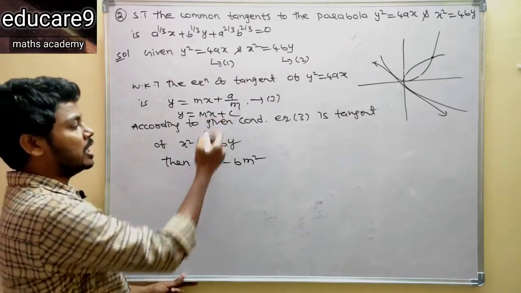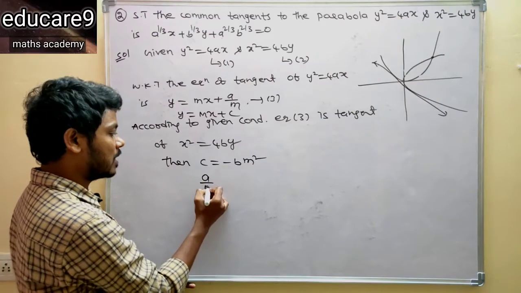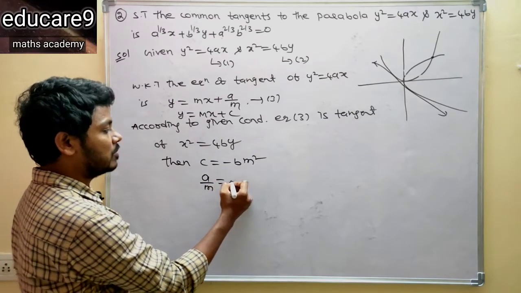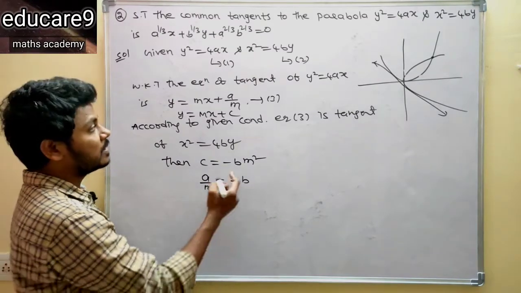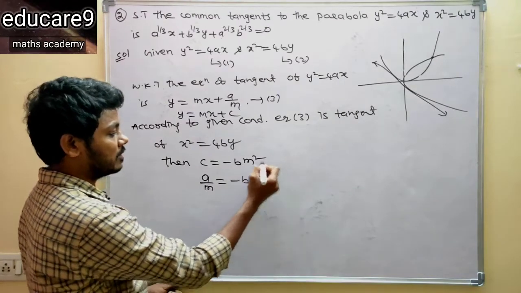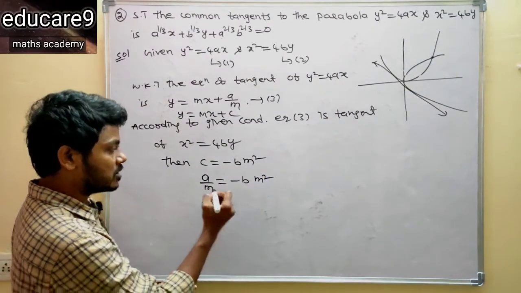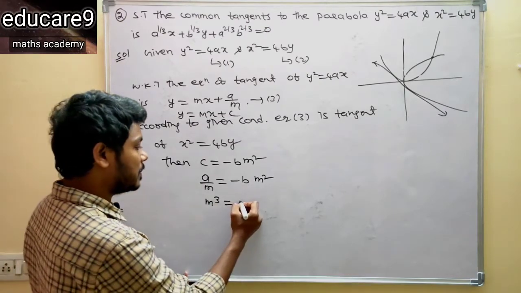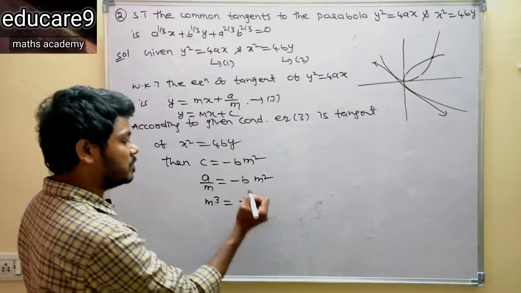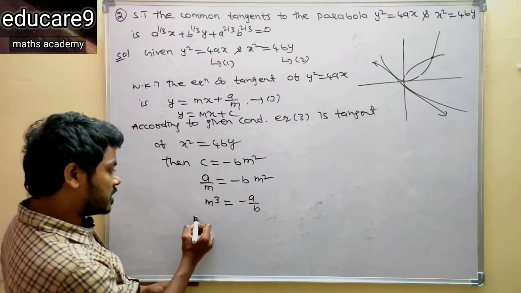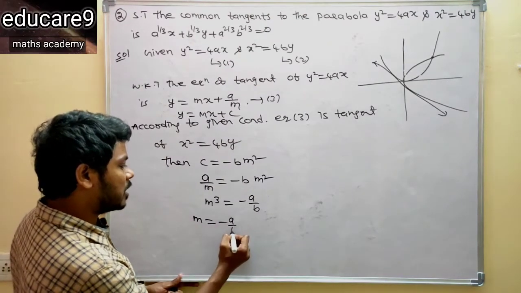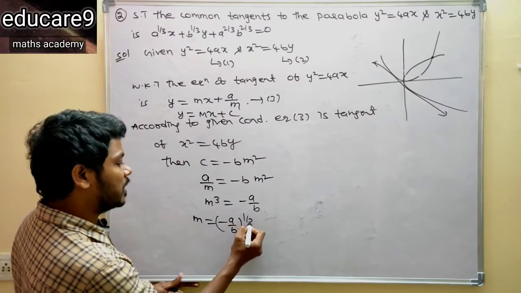So what is c value? a by m is equal to minus b into m square. So here this is m cube is equal to what? Minus a by b. So therefore from this m value is what? Minus a by b whole to the power of 1 by 3.